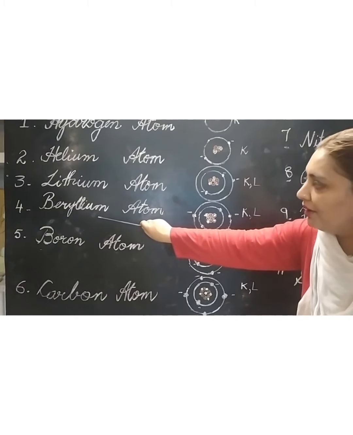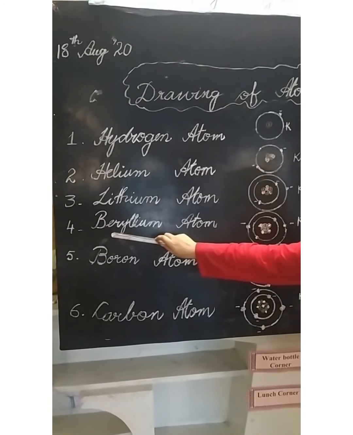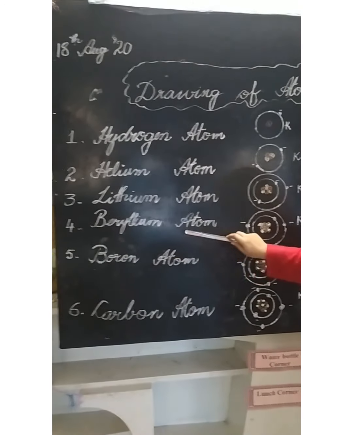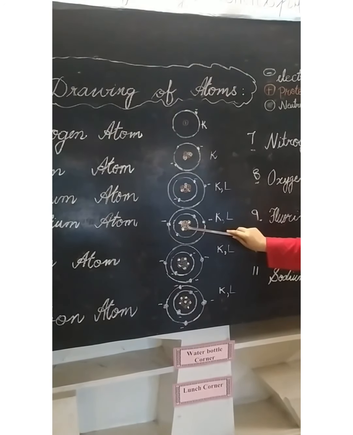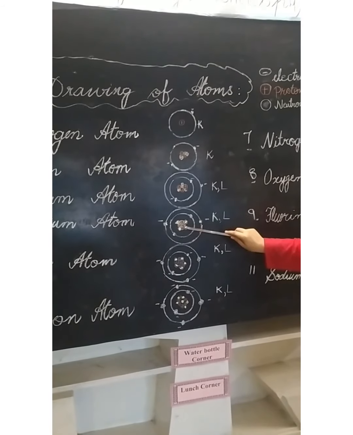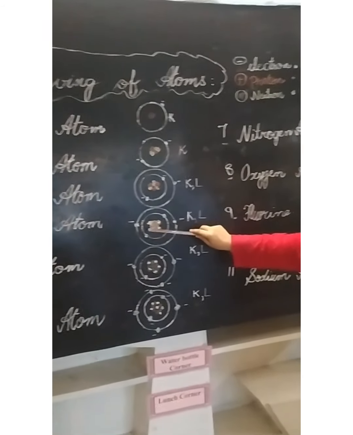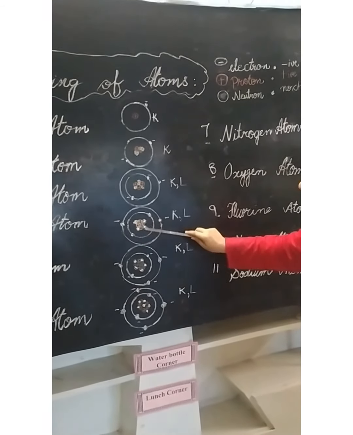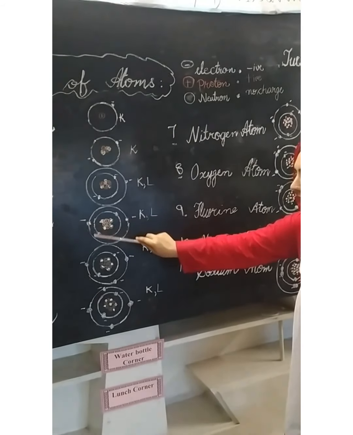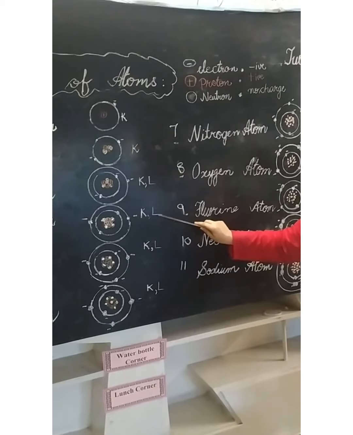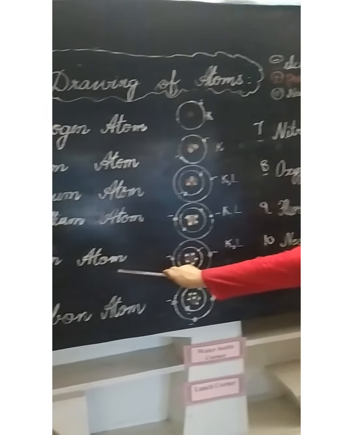Here we go with beryllium atom. In beryllium atom, there are 4 protons, 4 neutrons, there might be 5 neutrons, and 4 electrons, 2 in K shell and 2 in L shell. Now we move on to boron atom.